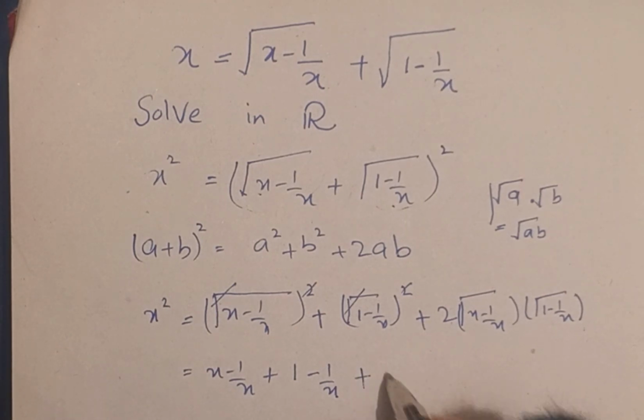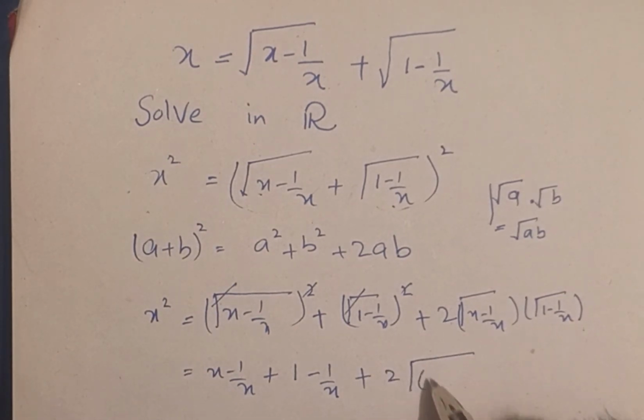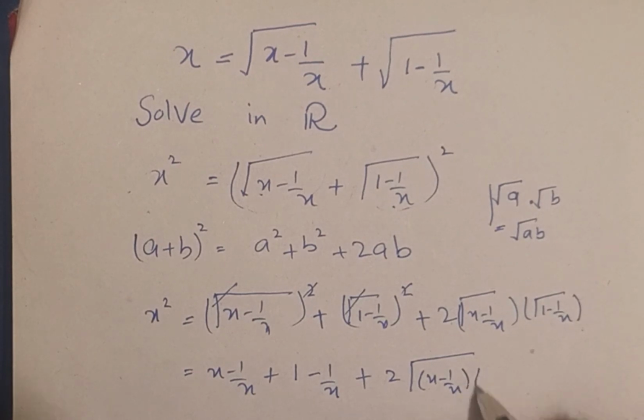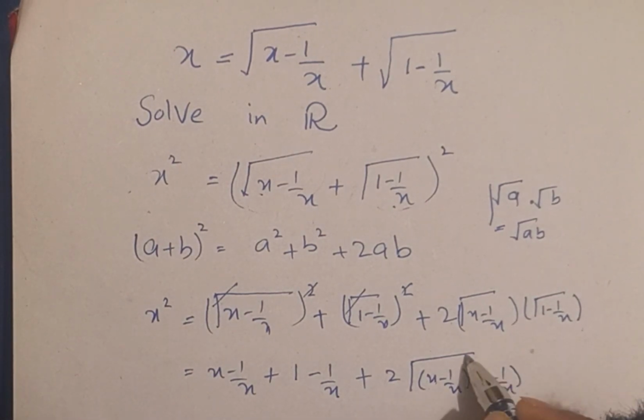So this will become 2 square root of (x minus 1 over x) multiplied by (1 minus 1 over x).